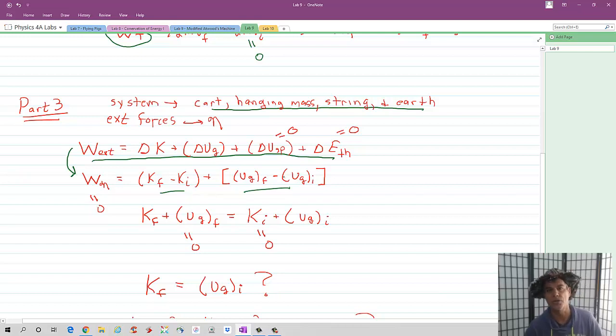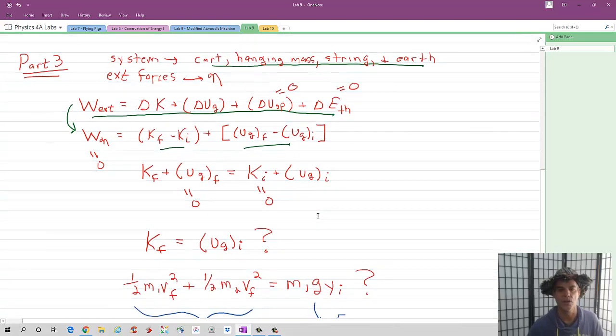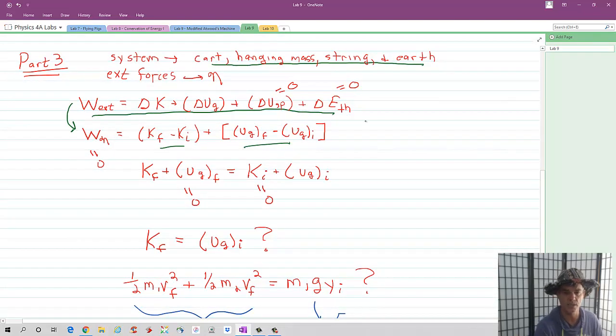If I move all terms of final energies to one side, what I have is my final kinetic plus my final gravitational potential equals my initial kinetic plus my initial gravitational potential. Well, the system started at rest, so my initial kinetic energy is 0, and I'm defining y equals 0 to be at ground level.